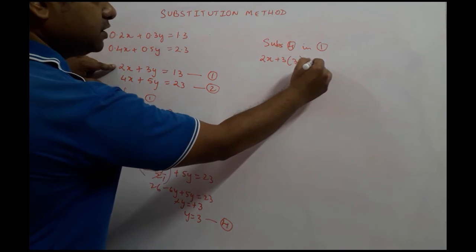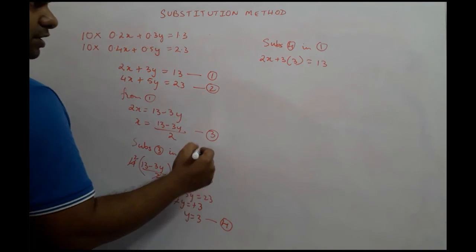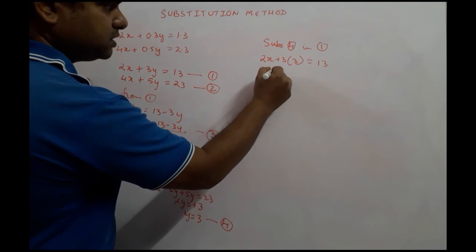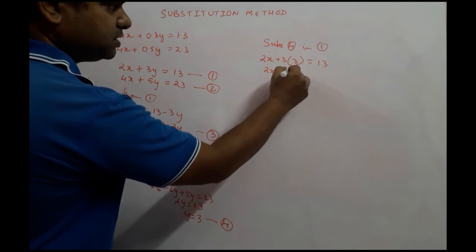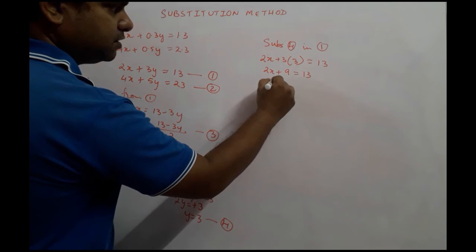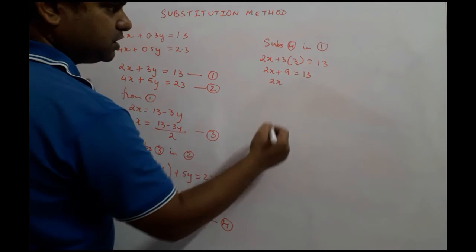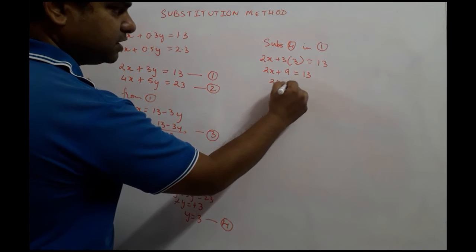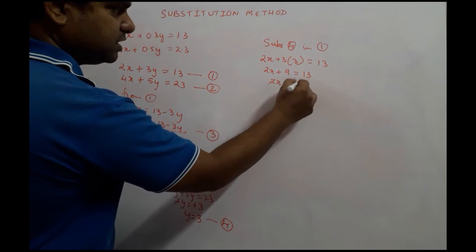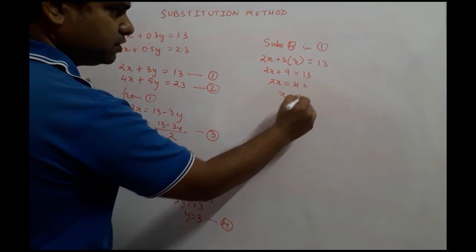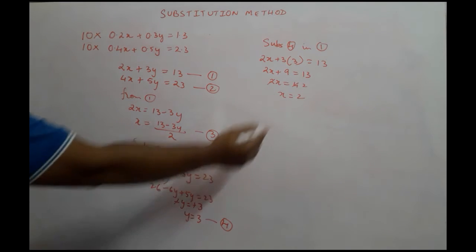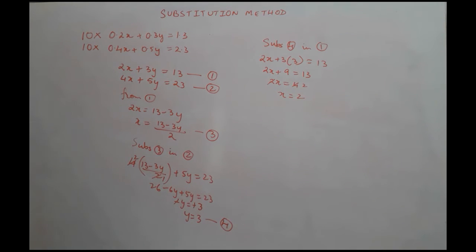We just found out everything is equal to 13. 2x plus 3 into 3 is 9 equal to 13. 9 when it goes on the other side becomes negative. 13 minus 9 is 4. This cancels to give you 2. x is equal to 2. So we get y is equal to 3, x is equal to 2. Fine. Let's move to the next problem.